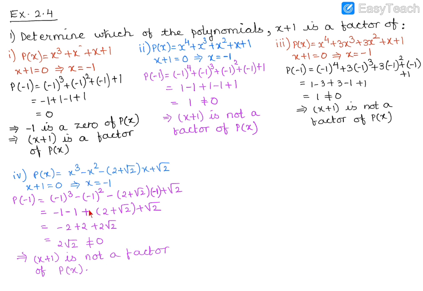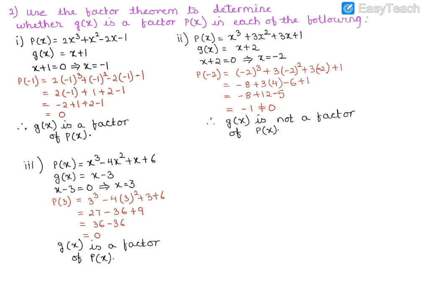So I've written a plus over here and this is 2 plus √2 and plus √2 as it is. Open it up. This is -2, this is +2 and this is +2√2. So -2 and +2 is going to get cancelled. My answer is 2√2, which is not equal to 0 and therefore x plus 1 is not a factor of px.